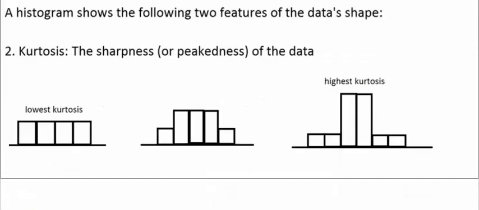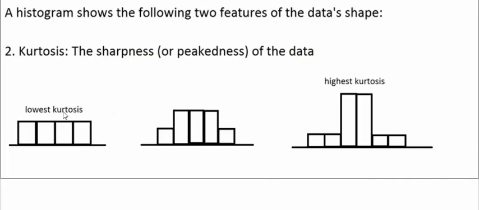The second feature of the data set shape that can be seen in a histogram is kurtosis. And kurtosis is the sharpness or peakedness of the data. So if a data set is flat or relatively flat, it has a low kurtosis. And if a data set is peaked and it has a tall and narrow peak that really stands out, it has a high kurtosis.